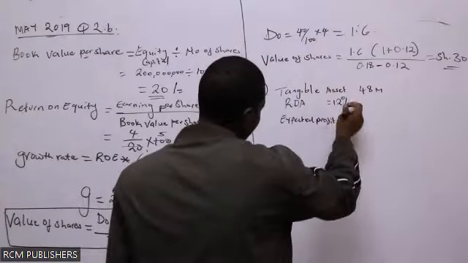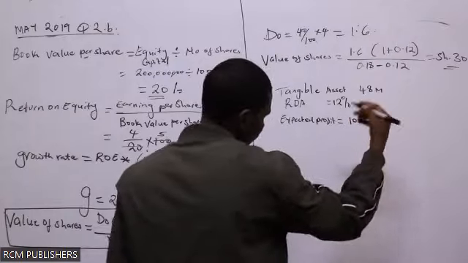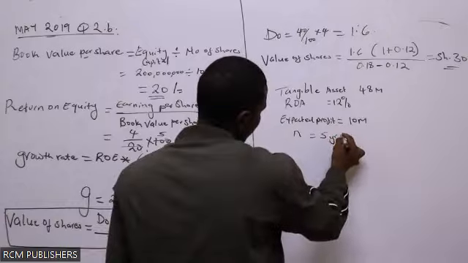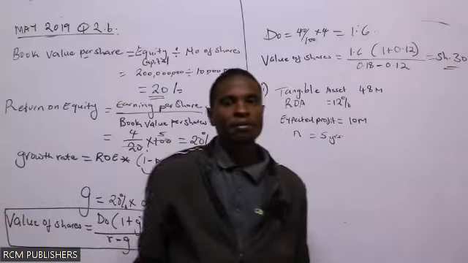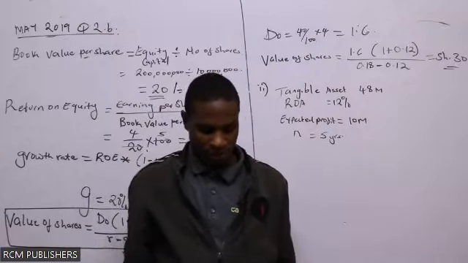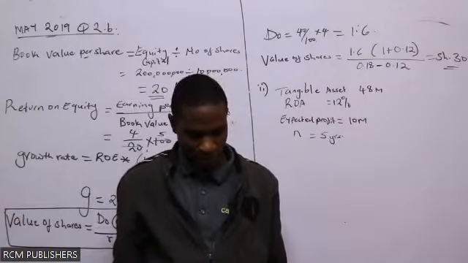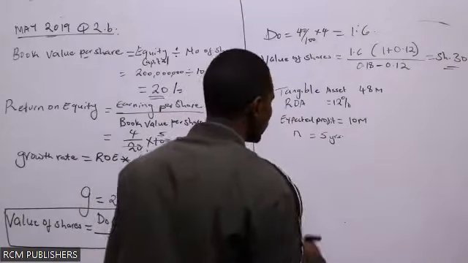So expected profit will be 10 million for the next 5 years. N is 5 years, according to the forecast. The company has 2 million outstanding ordinary shares.